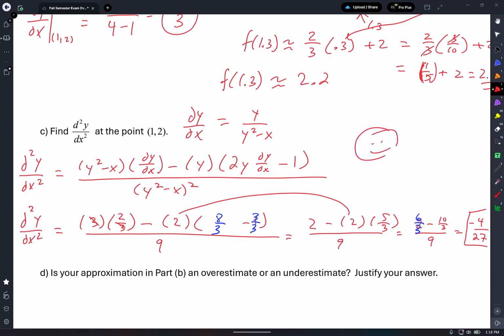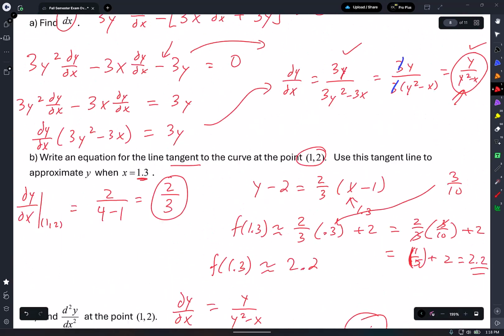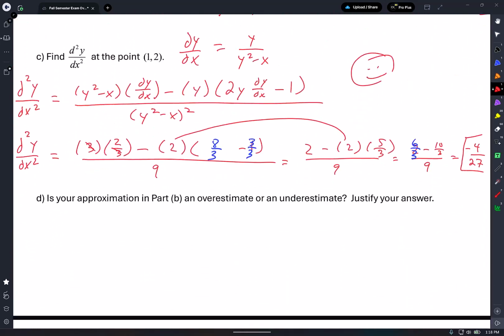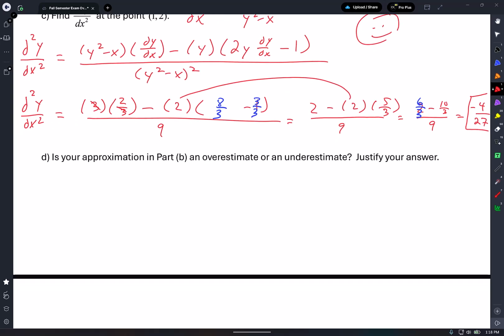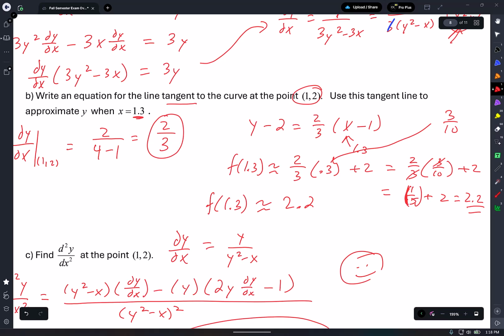Let me know if that one gave you issues. All right. Is your approximation in part B an overestimate or an underestimate? Justify your answer. We know enough for this, guys. This estimate here, we used it with our tangent line.